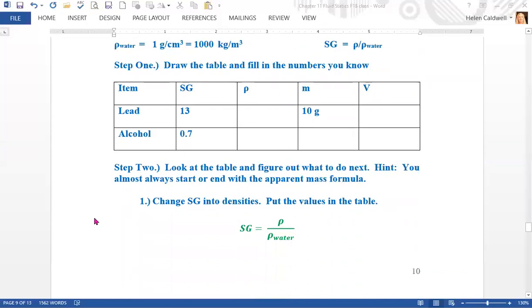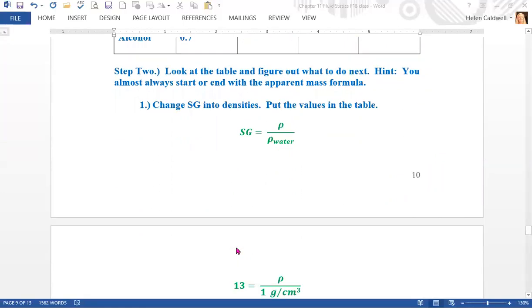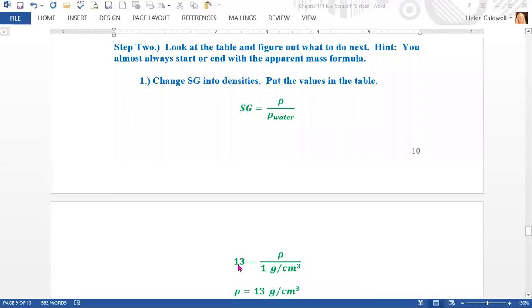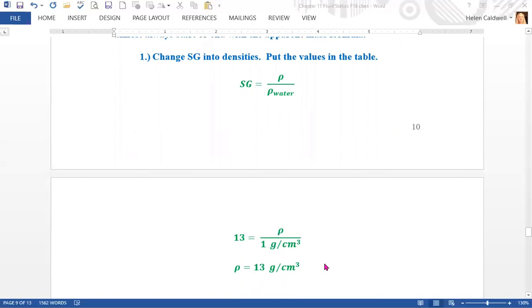We're going to change our specific gravities into densities. Specific gravity is density divided by the density of water. We'll start out with lead. So 13 is the specific gravity of lead. We want to solve for its density. Because they gave us masses in grams, we're going to use 1 gram per cubic centimeter for the density of water.